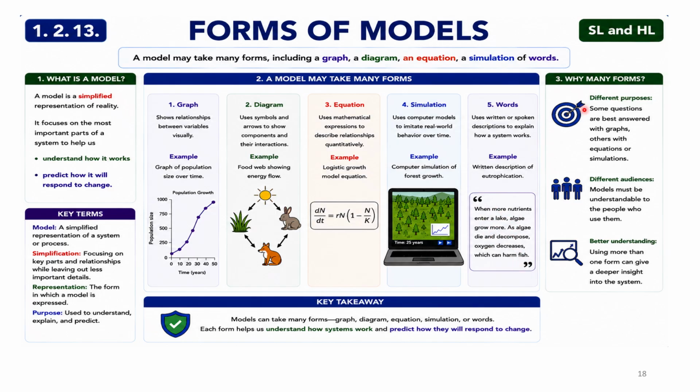Different forms are used because different audiences and research questions require different approaches. For example, policymakers may prefer graphs and simulations, while scientists often rely on equations and conceptual diagrams. The key takeaway is that no single model is sufficient on its own.